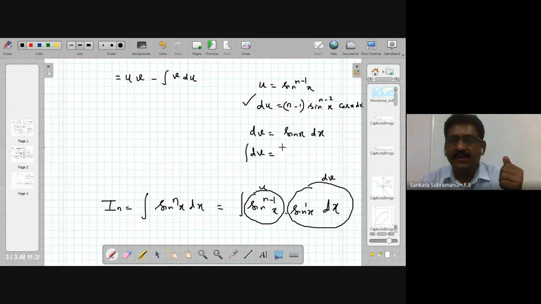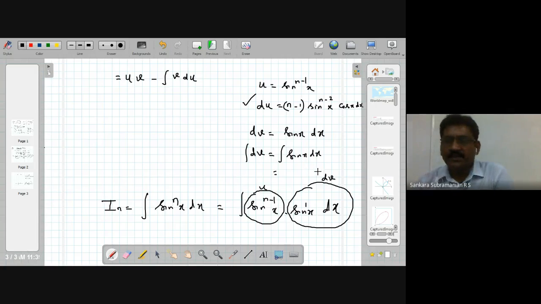So integrating, the integration of dv is the integration of sin x dx. What is the integration of sin x? Minus cos x. Good. So we have u, this is v, and we also have du.